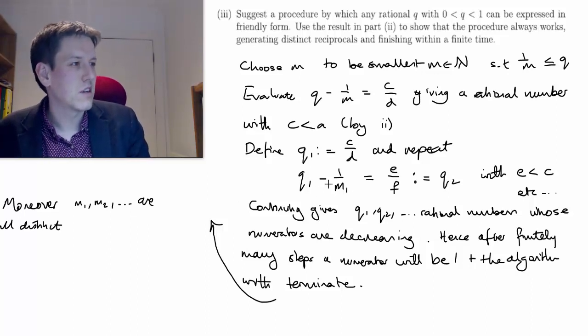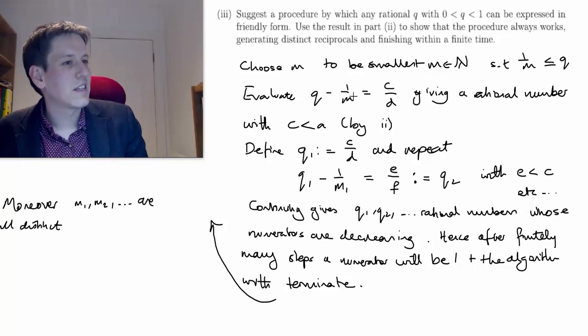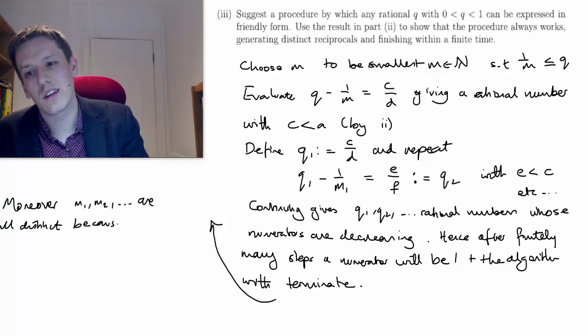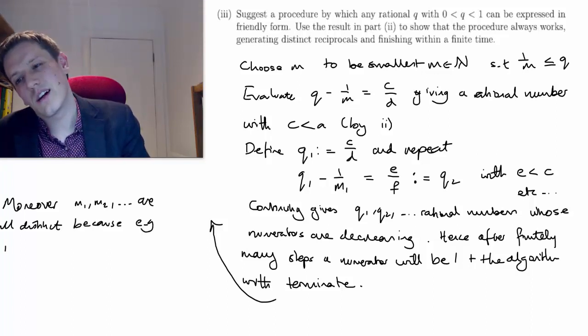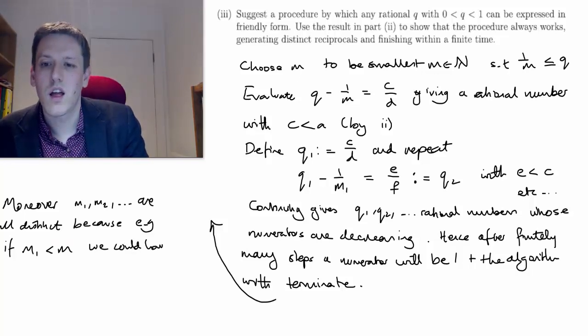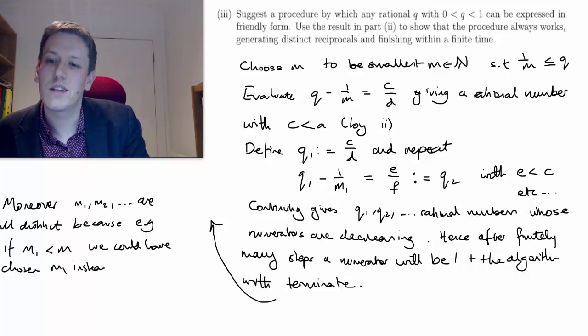Well, it's because they must be a sequence of fractions that are getting smaller, i.e. values of m that are getting larger, because if m1 is not larger than m, okay, sorry about my handwriting here, for example, if m1 is smaller than m, we could have chosen m1 instead of m at the previous step.